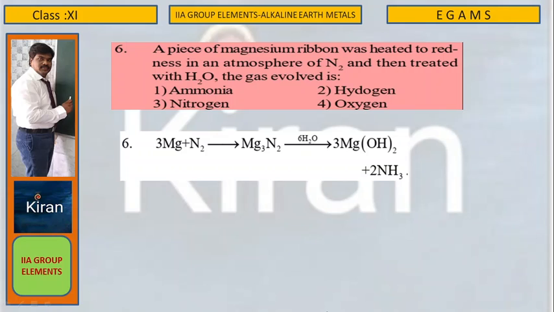When magnesium reacts with nitrogen present in the atmospheric air, first you will get magnesium nitride, and after that when treated with excess of water, that magnesium nitride is changed into magnesium hydroxide and ammonia. So, the right option for the sixth one is the first option, ammonia gas, is liberated.